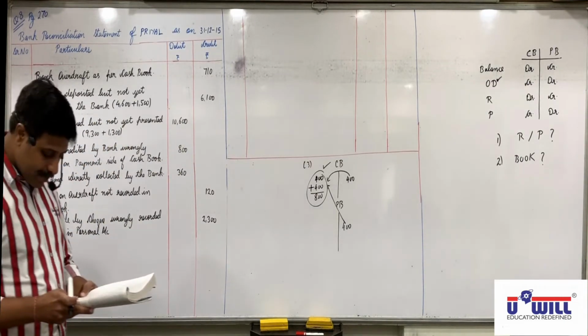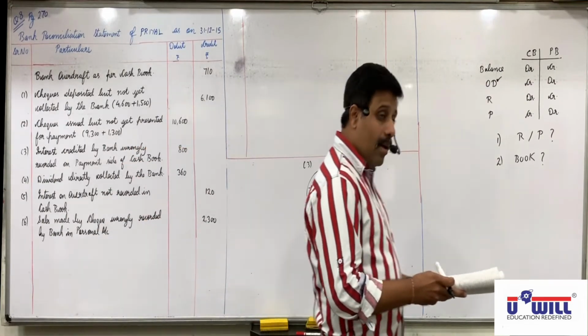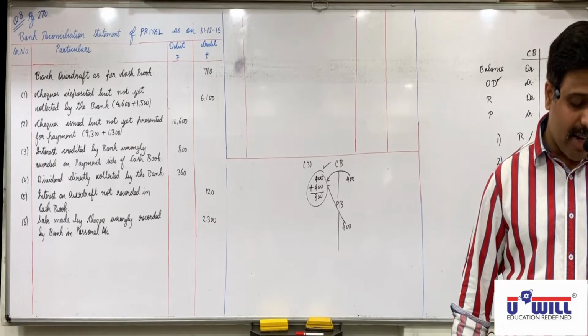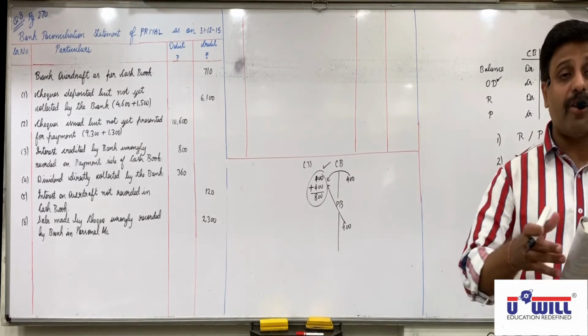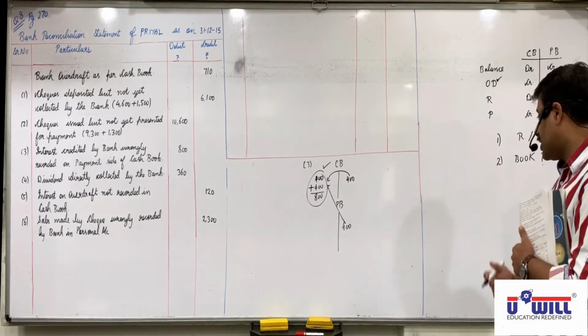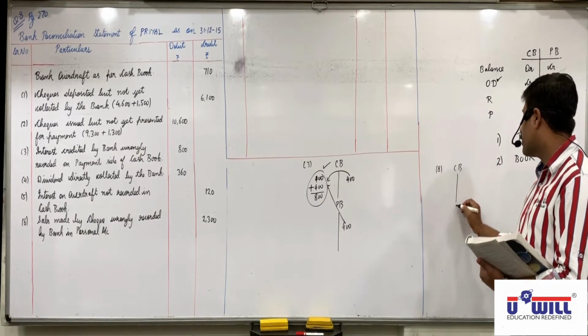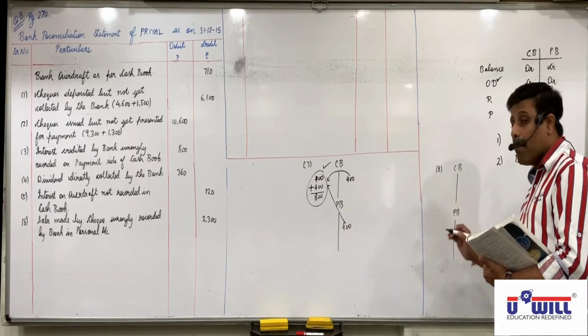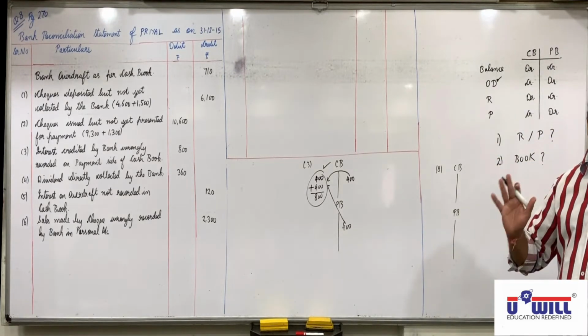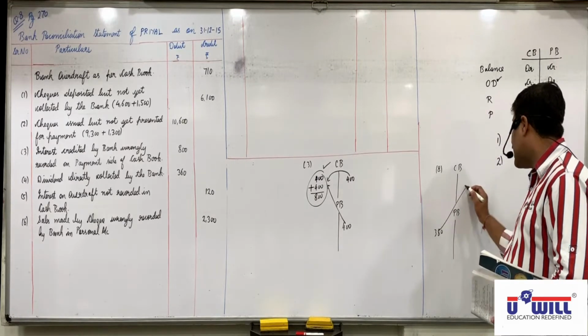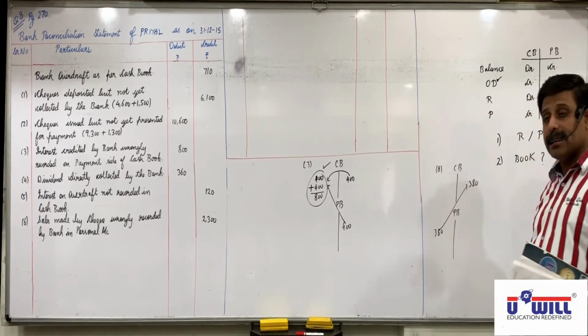Then next, bank has reversed bank charges of 380 on request of client, which is not recorded in cash book. Now understand this. Eighth one, bank charges. Normally bank charges of 380 come in passbook on debit side and cash book on credit side.